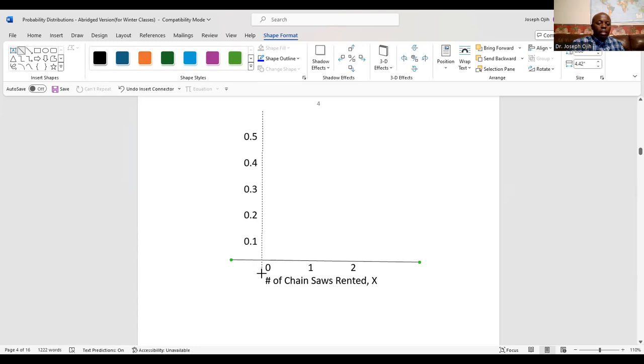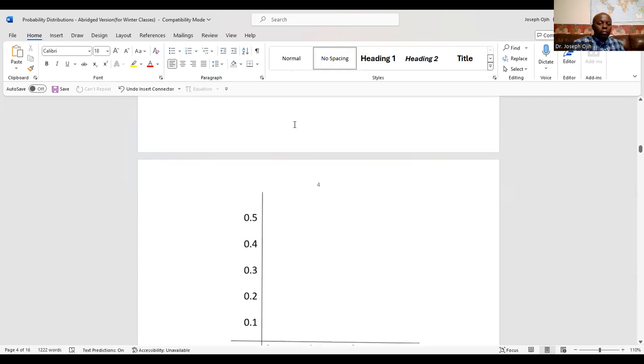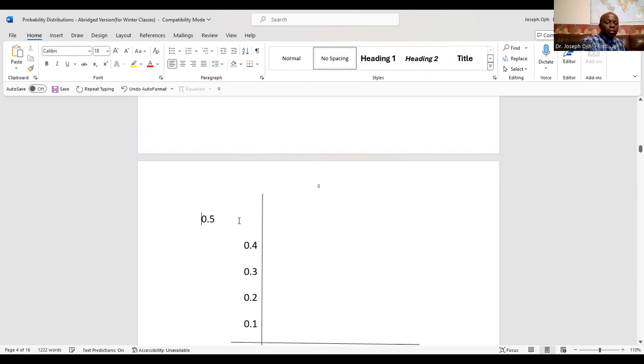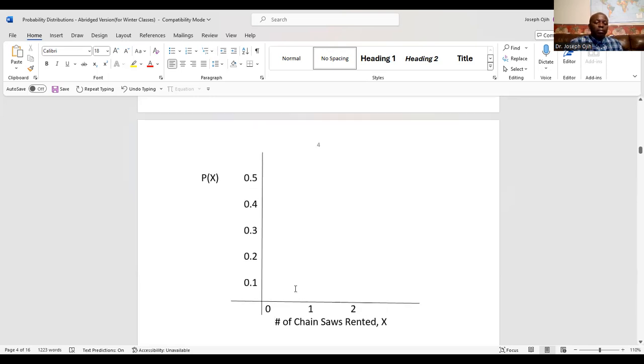The y-axis is your P of X, the probability of X. The x-axis is the number of chainsaws rented.